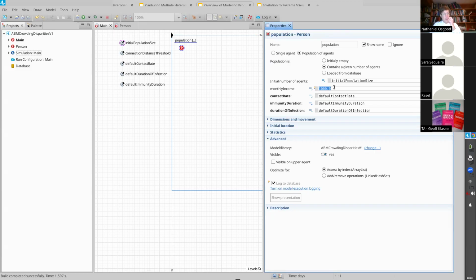And we're going to do it most notably for this monthly income. Here, we're going to actually draw from a distribution, and it's going to be a log normal distribution. And really, by all accounts, I should use a parameter.